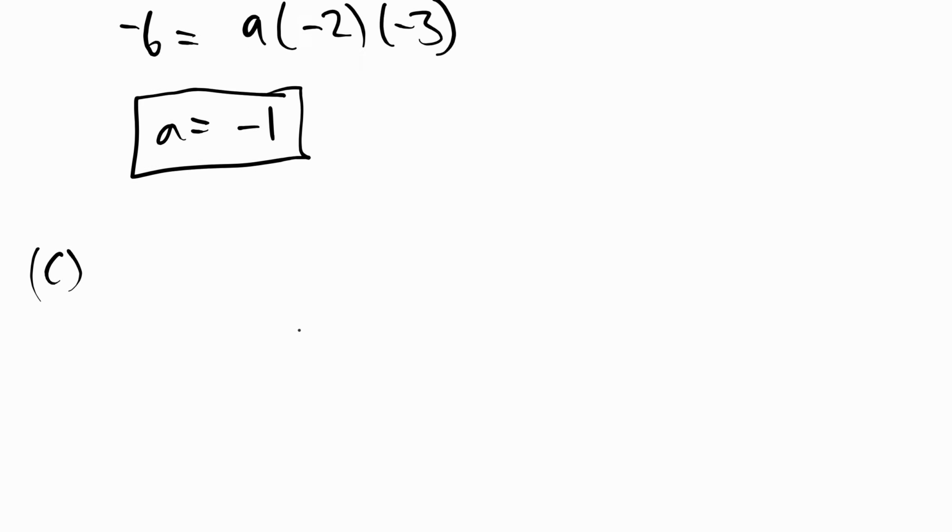So if we expand, kx minus 5 is equal to negative 1 on the outside times x squared minus 3x minus 2x plus 6. Writing it all together, I get negative x squared plus 5x minus 6. This is equal to this, so we can solve for k.